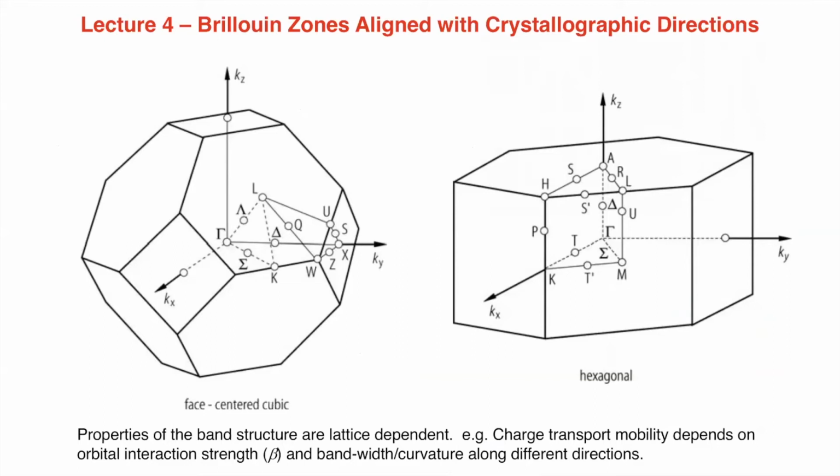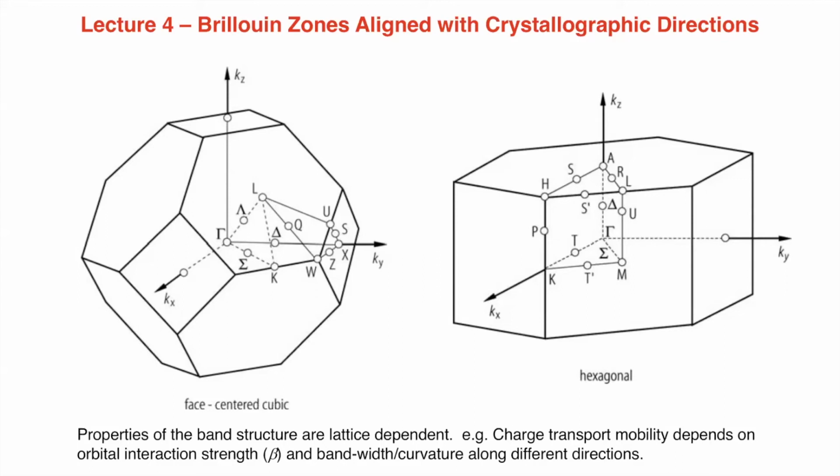For example, a crystal can have conductivity that differs as you look at different directions. You can measure the charge transport mobility along one of these crystallographic directions and compare it to another one, and you'll find different values. And that's because the bonding, the electronic structure of the crystal differs along those different directions.